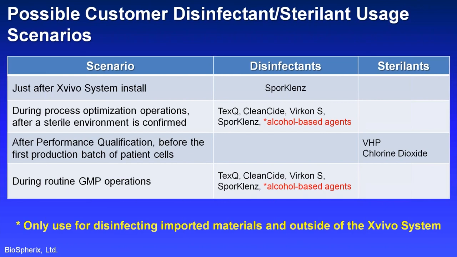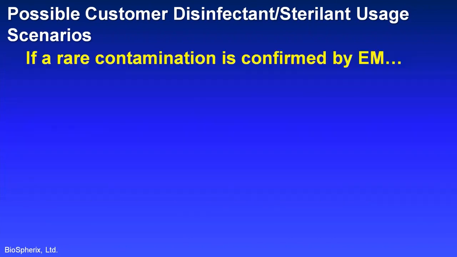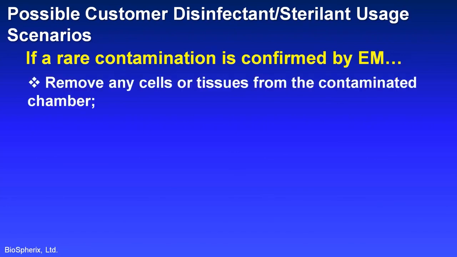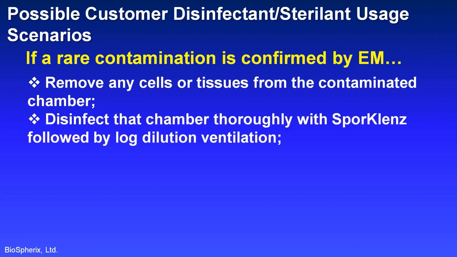After the PQ and before the first production batch of the patient cells, many customers will do a system-wide sterilization, using VHP or chlorine dioxide. Once you start your routine GMP operations, just continue the routine disinfection and environment monitoring programs. If a rare contamination is confirmed by the EM, first of all, remove all cells and tissues from the contaminated chambers.